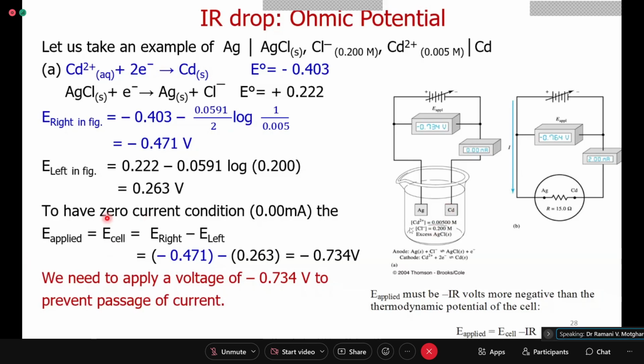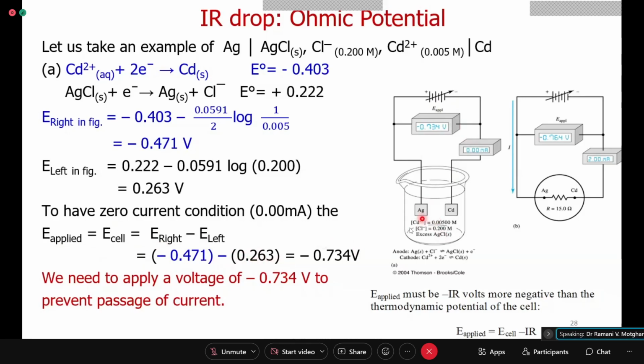So for zero current condition, if you want that there should be no current in the cell, you have to calculate how much potential should be applied here. Okay, so E applied will be equal to E cell value, which is equal to E right minus E left. Now E right is minus 0.47 volts minus the E left shown here, 0.263 volts.